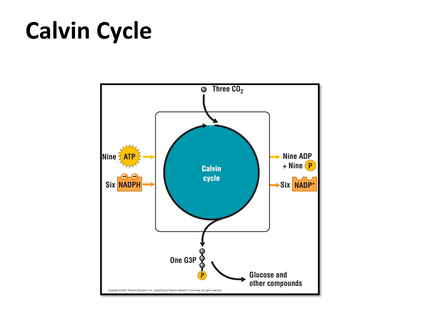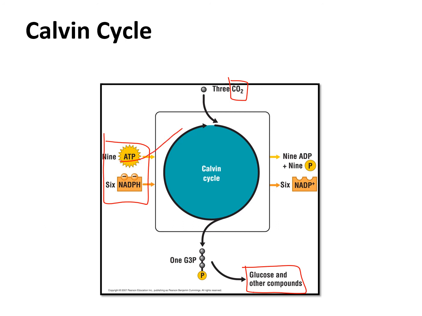So the overall purpose of the Calvin cycle is to convert carbon dioxide into glucose. This is an anabolic reaction, so it's going to require a net input of energy, and quite a bit of energy goes into converting carbon dioxide into glucose. It's going to require ATP and NADPH, the chemical forms of energy that were formed during the light reactions.